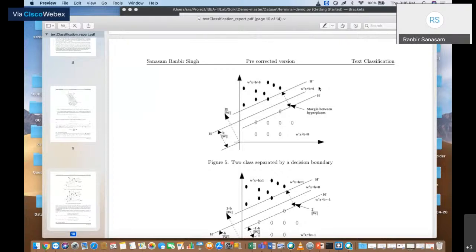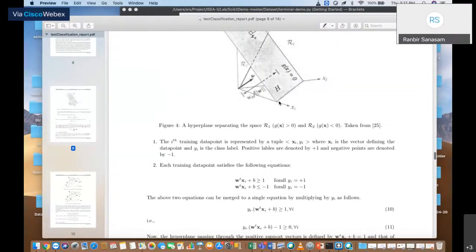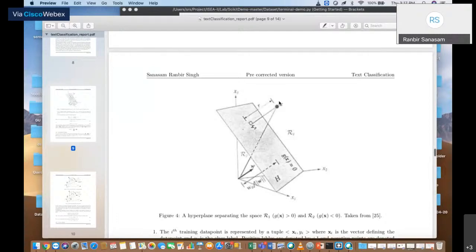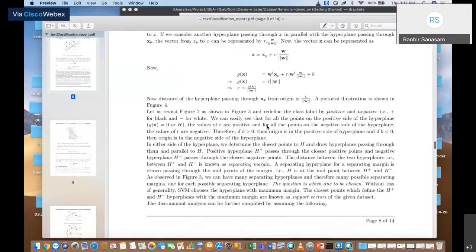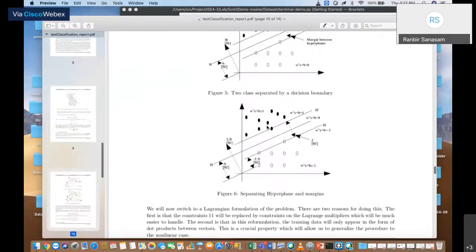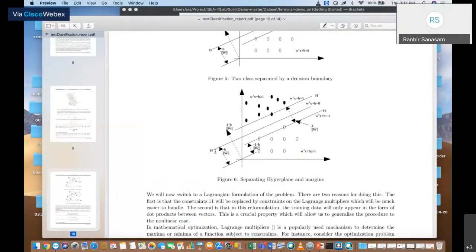The margin is the gap between this positive hyperplane and negative hyperplane. For different hyperplanes that you can put in between, this margin will be different. My target is to find the hyperplane that gives me the maximum margin.